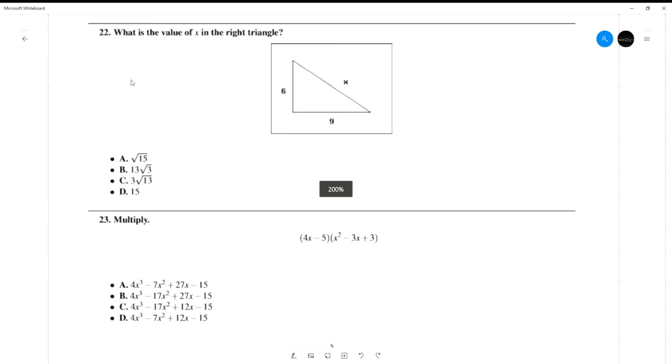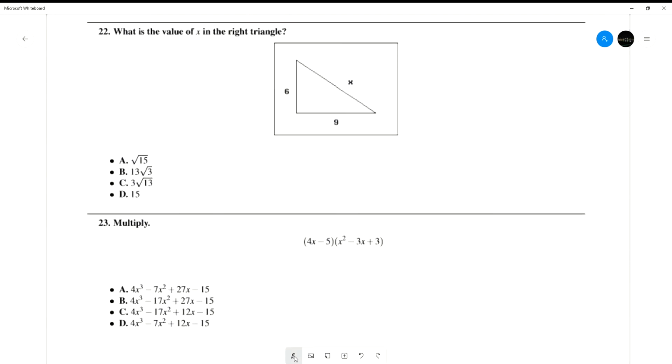All right, so let's try this. Pythagorean theorem again, right? This is a right triangle. Therefore, we can say the leg squared plus the other leg squared is equal to hypotenuse squared, right? And then we can square root both sides and only take the positive case because it's a length, and lengths are positive. So I have 36 plus 81.